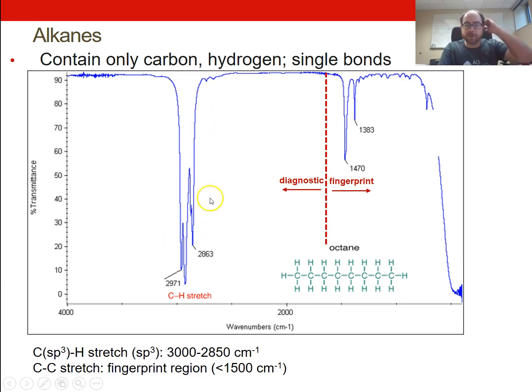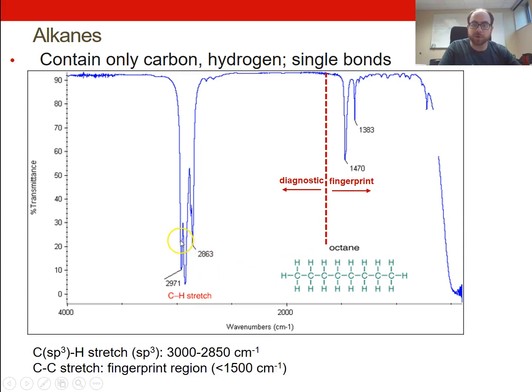So if we look at this spectrum here, we see a very large peak here. We see multiple peaks, one at 2971, one probably at about 2900, and one at 2863. And so these are corresponding to absorption at, or stretching of, the carbon-hydrogen bonds in these particular molecules.